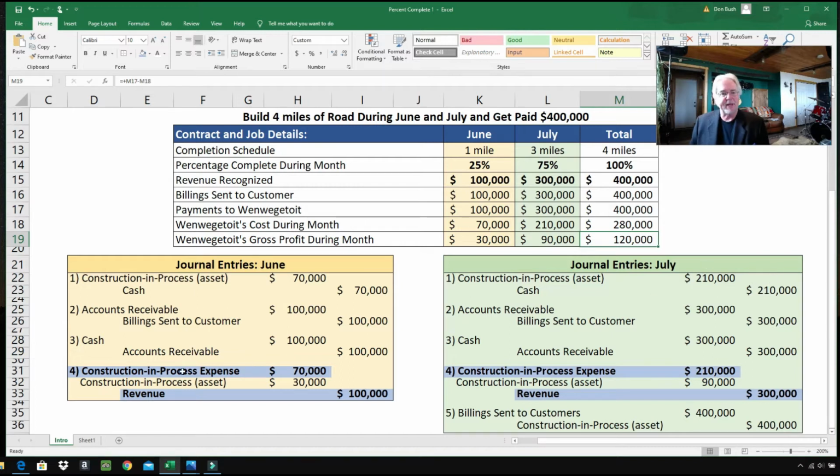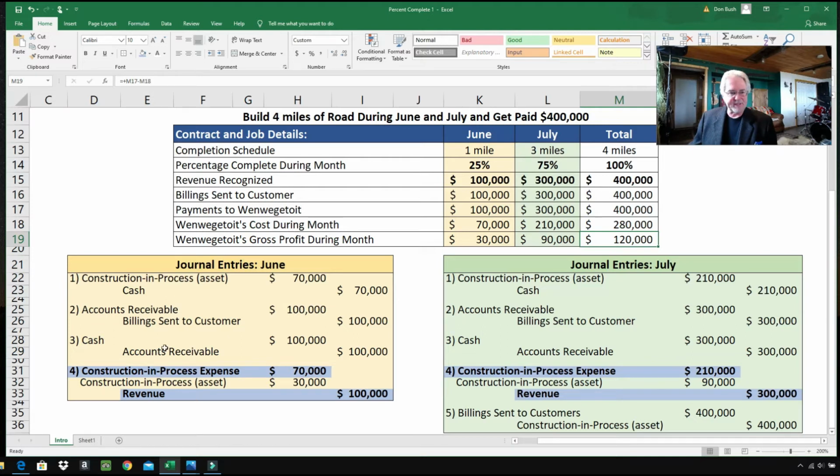Now what I did is I highlighted in this blue color 2 accounts here, construction and process expense and revenue. Same thing over here in July, construction and process expense and revenue, that these go on the income statement. So here's what I'm trying to say.